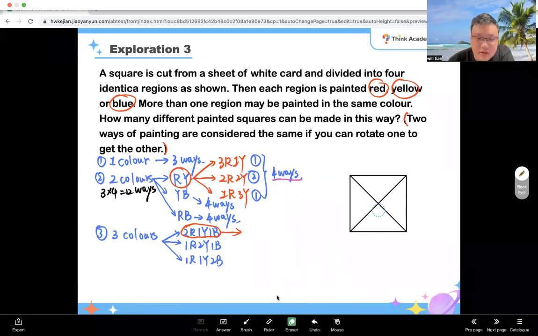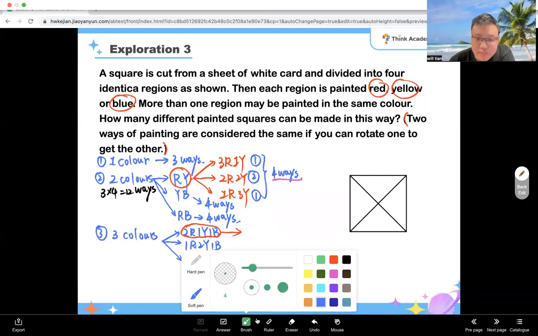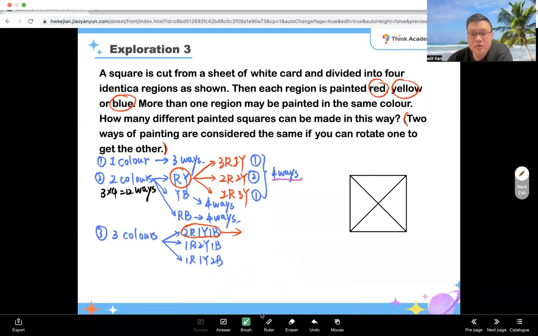Think about it. 2 red, 1 yellow, 1 blue. What about we just put that 2 red together? Red and red. We put that 2 red together. So 1 yellow, 1 blue, this will be 1 way. And what if I just swap the place of yellow and blue? I think that will be a new way, right?